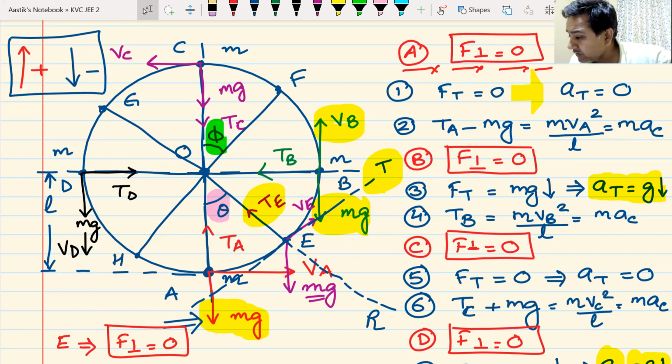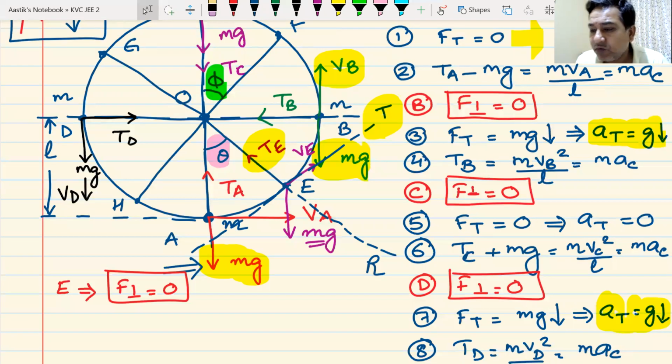And we had written some equations, I think 8 equations till point D. And I had given you the task of writing equations for point E and point F.